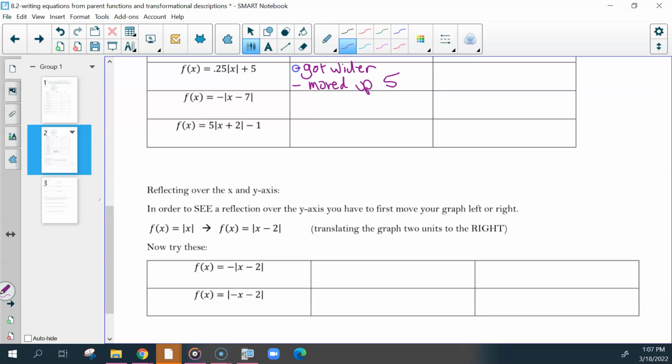And then the rule for those would be compress vertically by a scale of 0.25, or 1/4. Moved up 5 would be translate up 5 units.